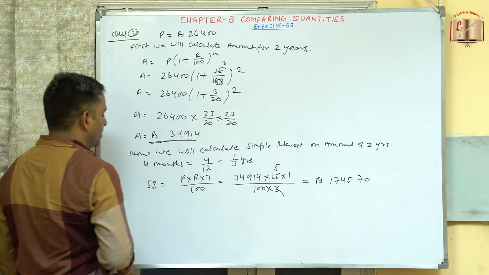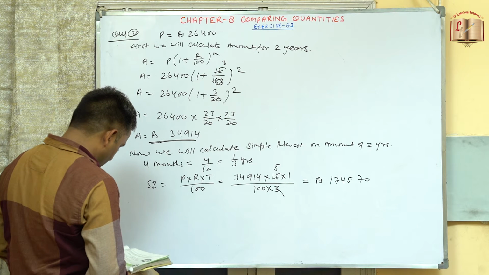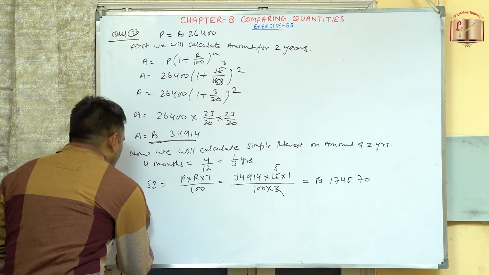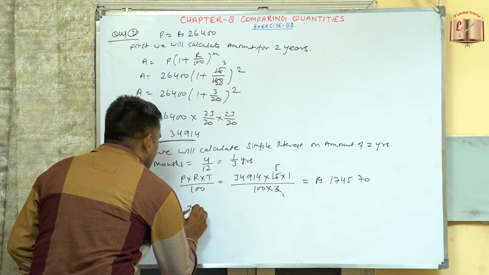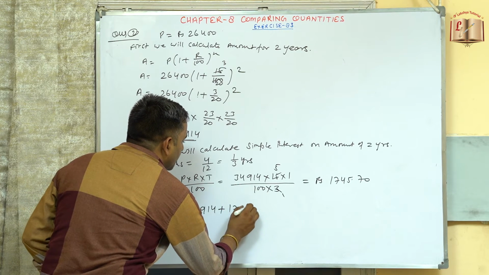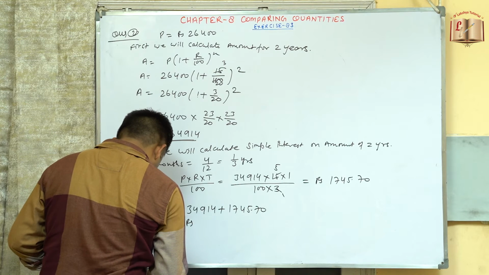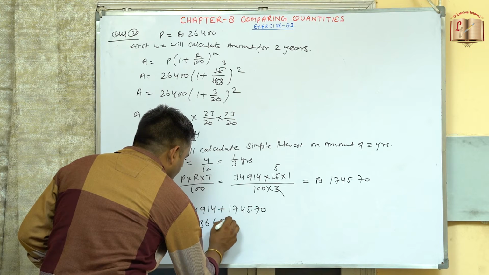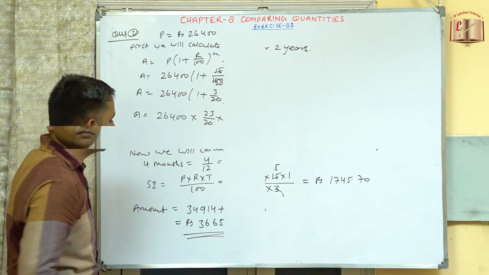Now the amount will be equal to this A, 34,914, plus this 1745.70. So this will be equal to 36,659.70 rupees. So this much amount she has to pay.